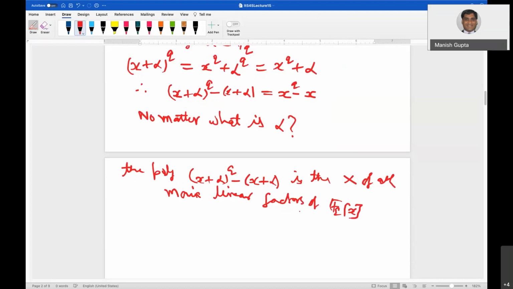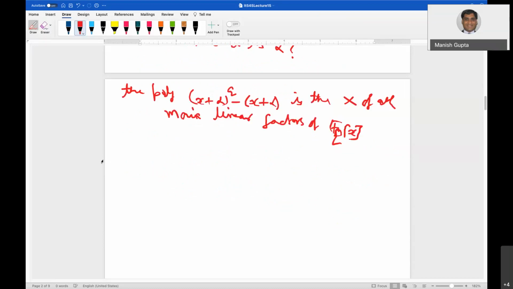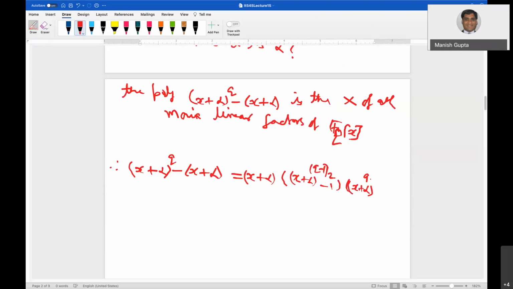So that means we can write (x plus alpha) raised to power q minus (x plus alpha), taking (x plus alpha) common, as (x plus alpha) times ((x plus alpha) raised to power (q minus 1)/2 minus 1) times ((x plus alpha) raised to power (q minus 1)/2 plus 1), right?